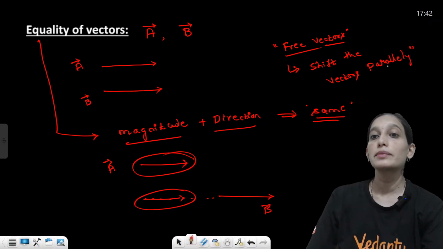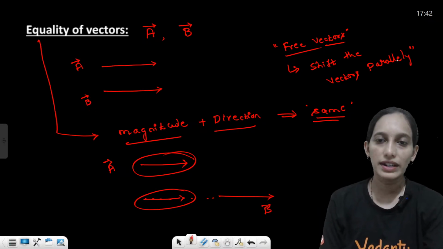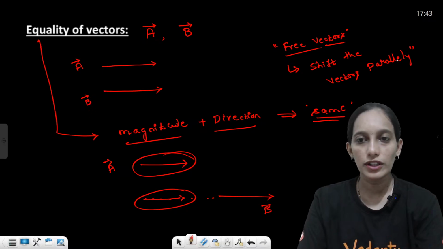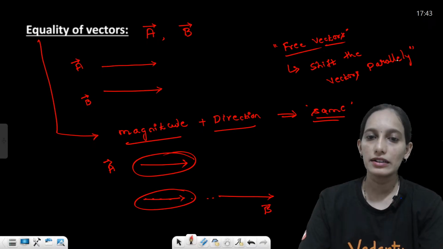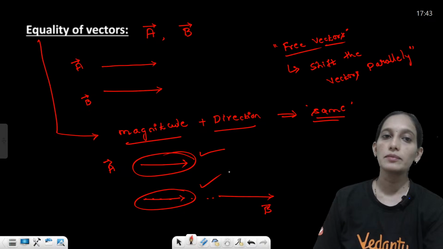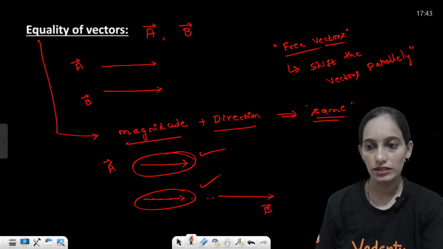That is the meaning of free vectors. Most vectors are free vectors. There are some localized vectors, but we usually don't discuss them here. In our class, first PU or second PU, we usually stick with free vectors. You can shift them parallelly, and hence if their directions and magnitudes are the same, we can call them equal vectors, or equality of vectors. Is that clear?